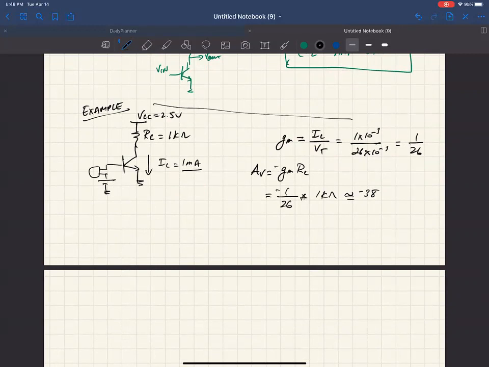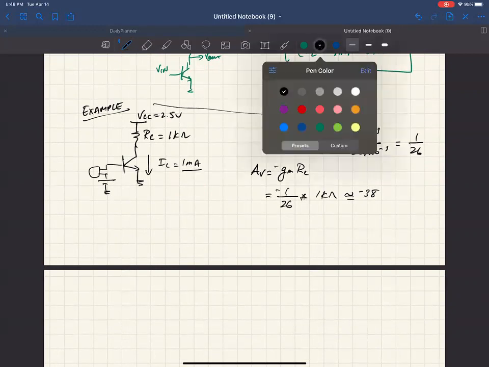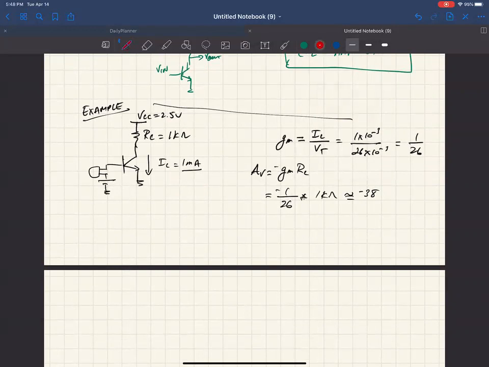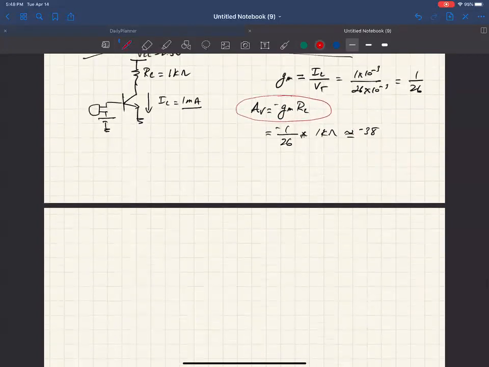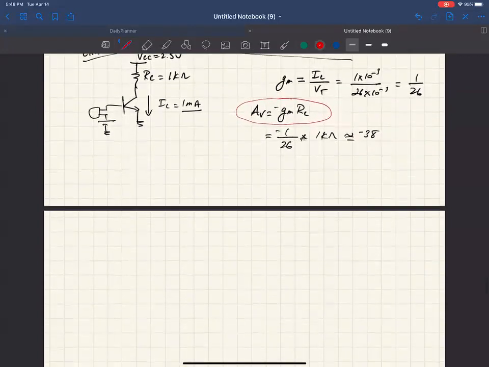So this is kind of more limitations of what you have to worry about when you use equations like this. This implies that you can just double R sub C to double the gain. So let's see how that would work if we just try to double R sub C.